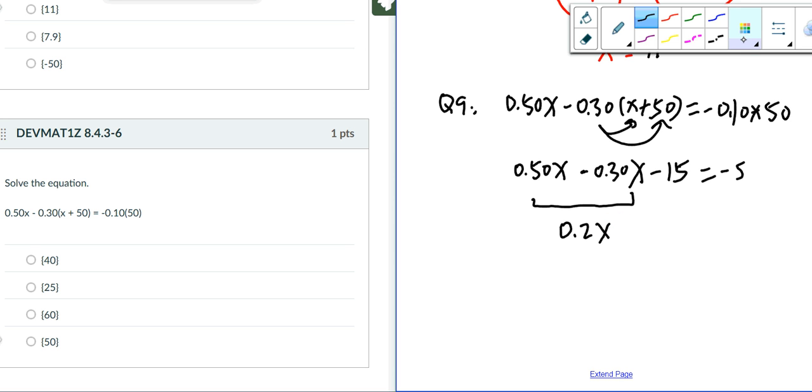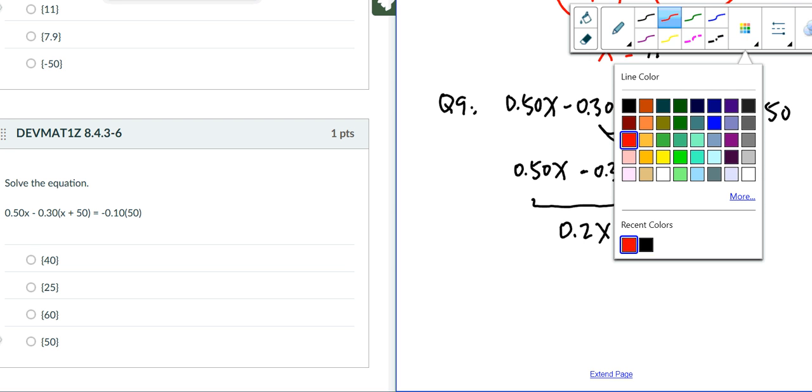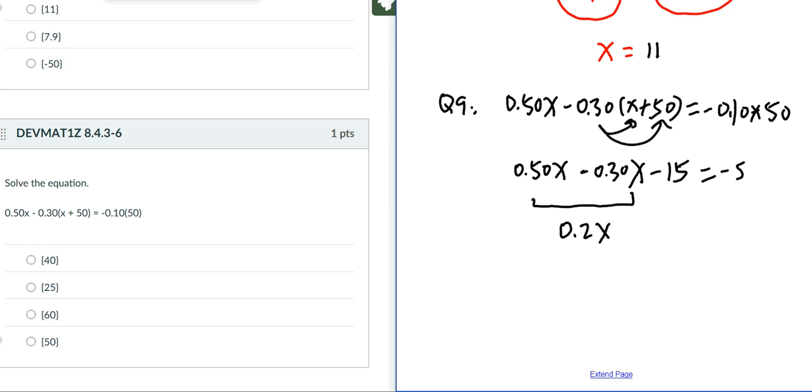And here, we change the color to red. We do plus 15 on both sides. Okay. So we then cancel this positive, negative. And then here was 5, negative. So then we have a 10.